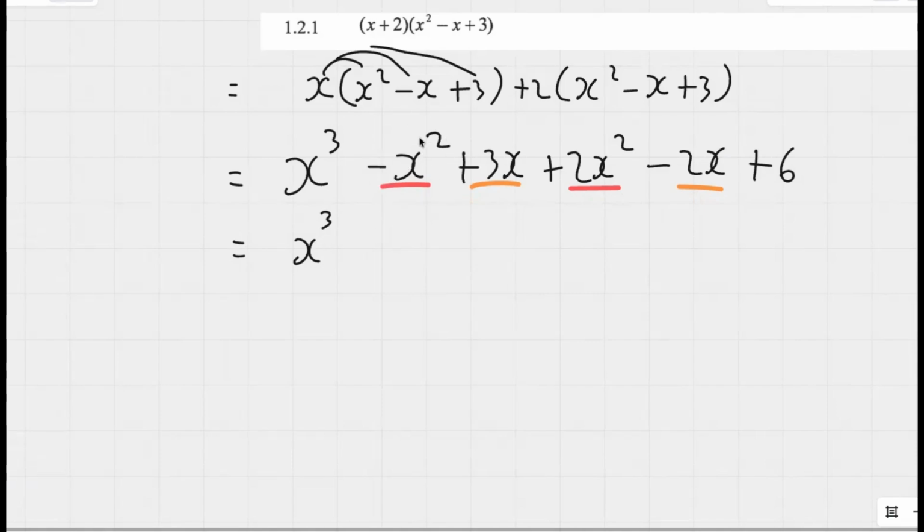We have a negative 1x squared plus 2x squared, and that's going to give us plus x squared. Then we have a positive 3x, and we're subtracting a negative 2x from that, and that's now going to give us a positive x. And then we are left with plus 6. We check once more if there's any like terms, and there isn't any, so this is our final answer.